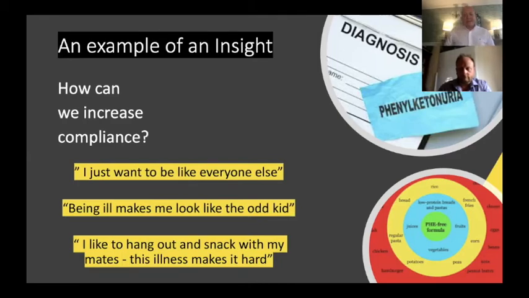So the insights were around that patient population not feeling like they could be normal when they hung out with their mates. And when you're a teenager, the worst thing in the world is not to feel normal, not to fit in. And we know also from the insight phase that a lot of the rituals of teenagers hanging out involved food.